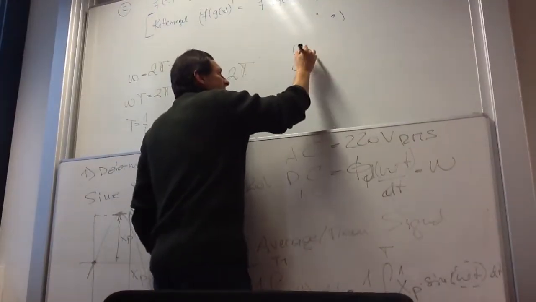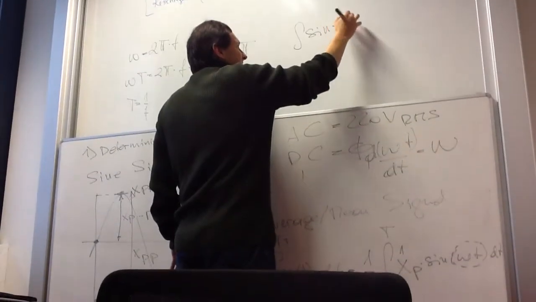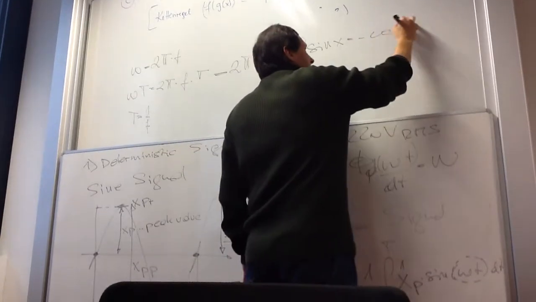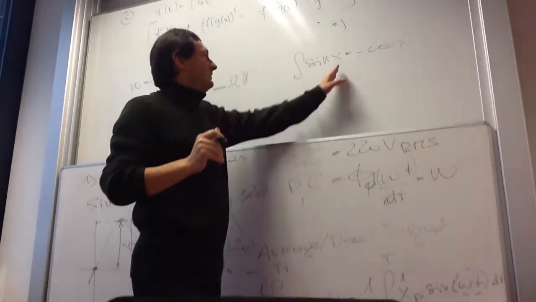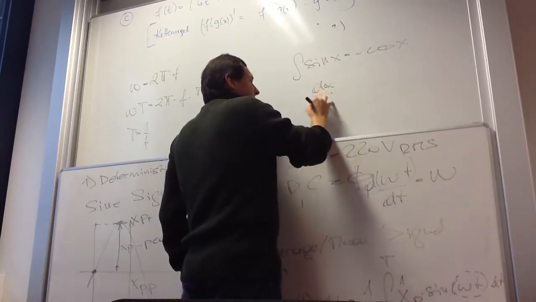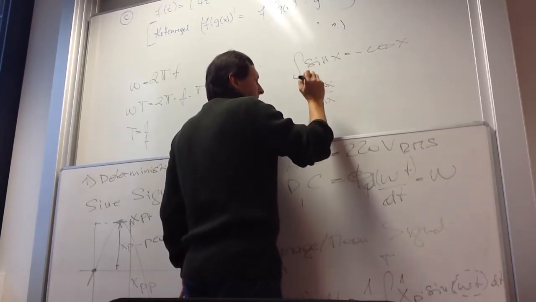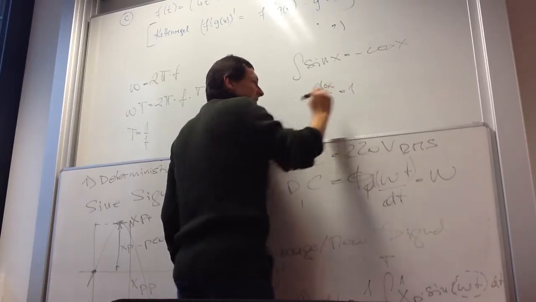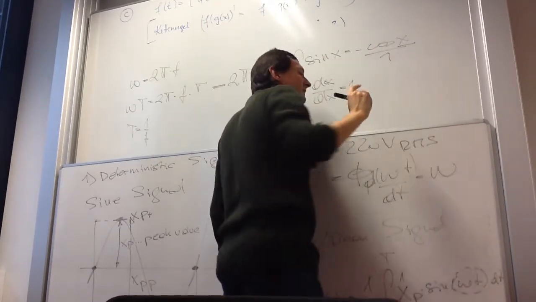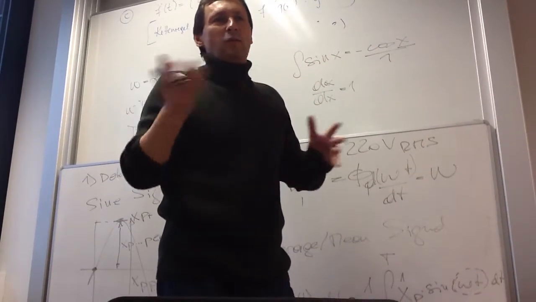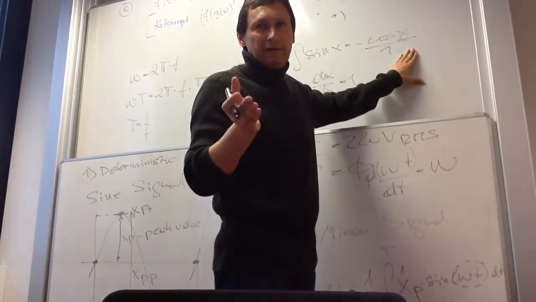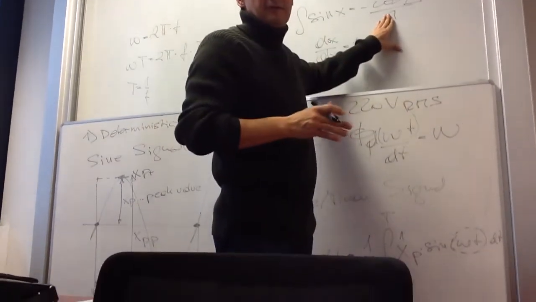If you're doing your integral of sine x, this is minus cosine x. But for x, the derivative relative to x is 1. So all the time actually we have divided by 1, but normally we don't write this down.